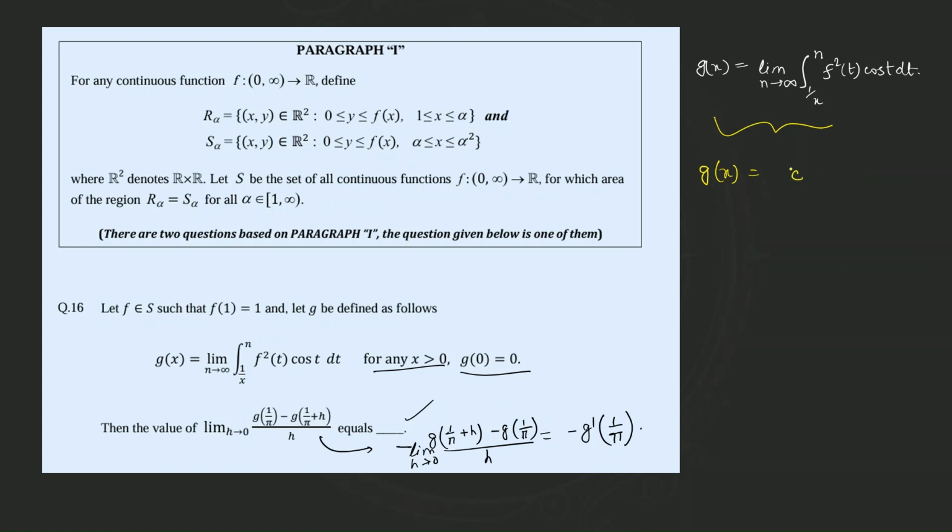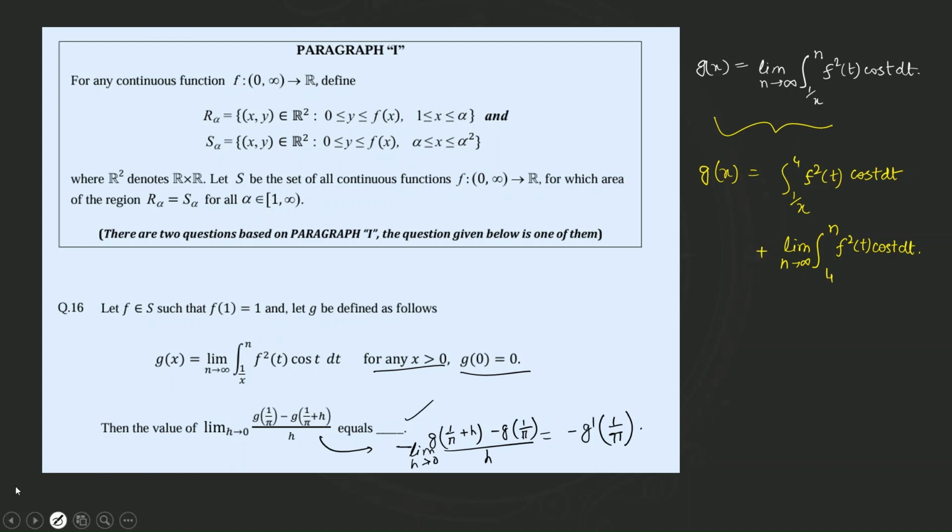For example, we can take c equal to 4. So we split this integral from 1 by x to 4, then 4 to n. So it will be the integral from 1 by x to 4 of f square t cos t dt, plus the limit n tending to infinity of the integral from 4 to n of f square t cos t dt.